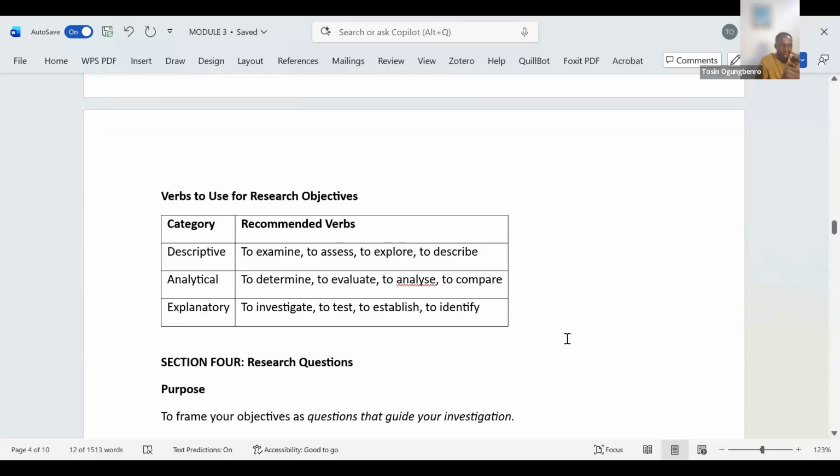If you are trying to describe, to examine, analytical, to determine, or to measure, to evaluate, to analyze, to measure, something like that. When I'm covering this kind of topic in more detail, I tell people that the phrase you use will reflect the kind of methodology you are using.